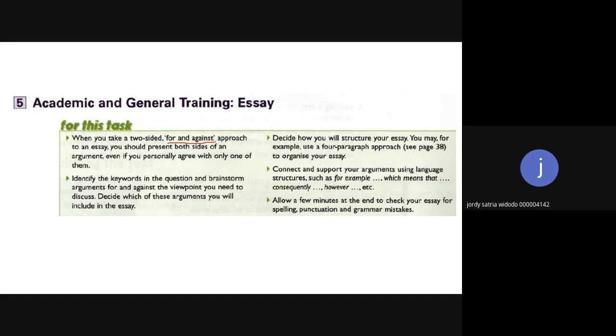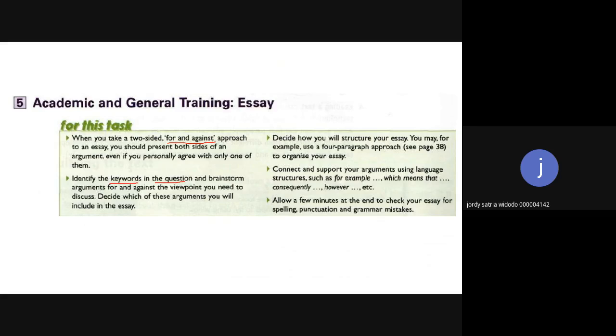Okay, and then identify the keywords in the question and brainstorm arguments for and against the viewpoint you need to discuss. Decide which of these arguments you will include in the essay. So later in the task, you will be given only a question or even two questions.